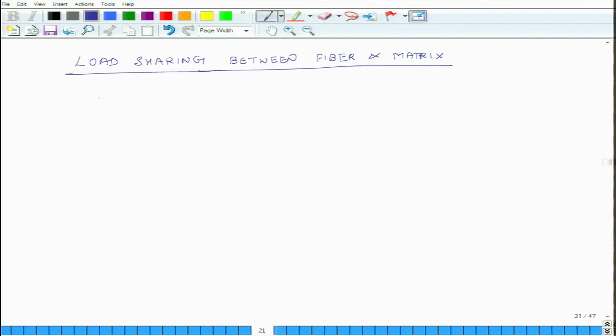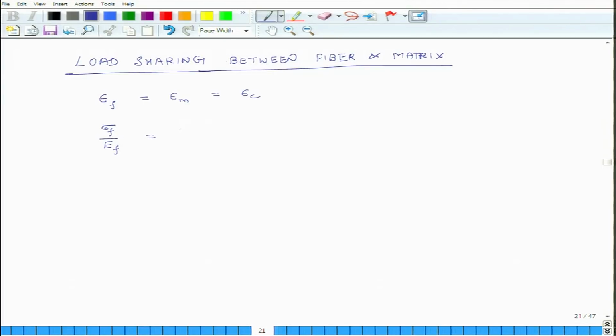So, remember, for this system, because it is perfectly bonded, strain in the fiber is same as strain in matrix is same as strain in composite. What is the strain in fiber? Sigma f over EF.